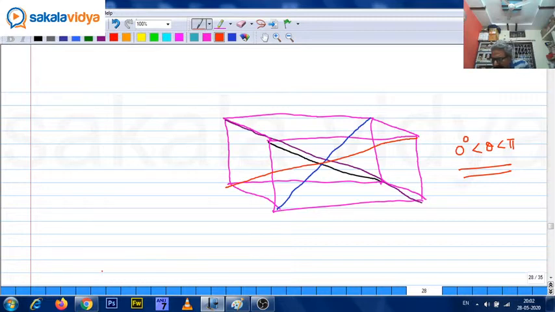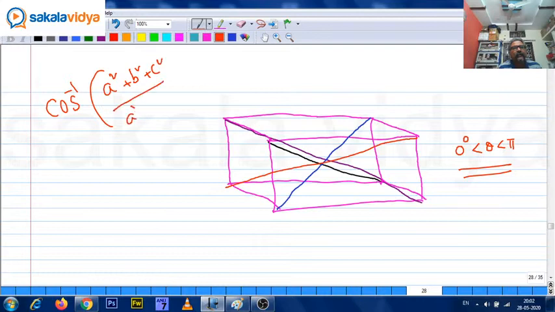Okay, we can take minus. If you take minus, you will be getting cos inverse. I will explain that also. You see, for example, the formula is like this. Cos inverse. You consider all positive values. A square plus b square plus c square by a square plus b square plus c square. This will be cos inverse 1. This is 0.